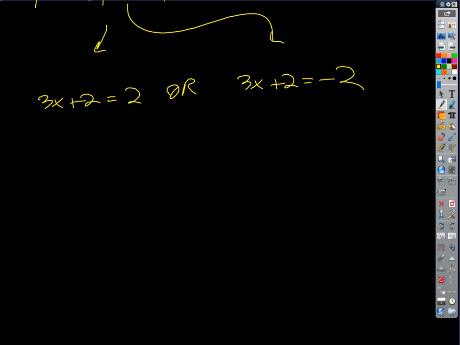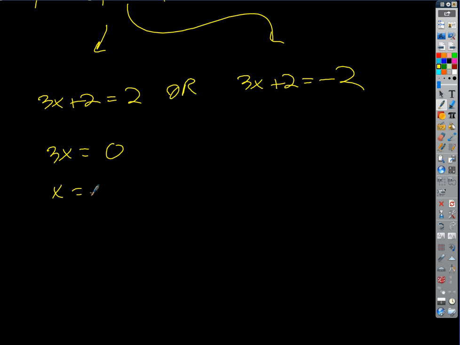Okay. So over here, if I subtract 2, I'm going to get 3x equals 0. Divided by 3. Okay, now what about that? 0 divided by any number is 0. The rule is we can't have a 0 on the bottom.